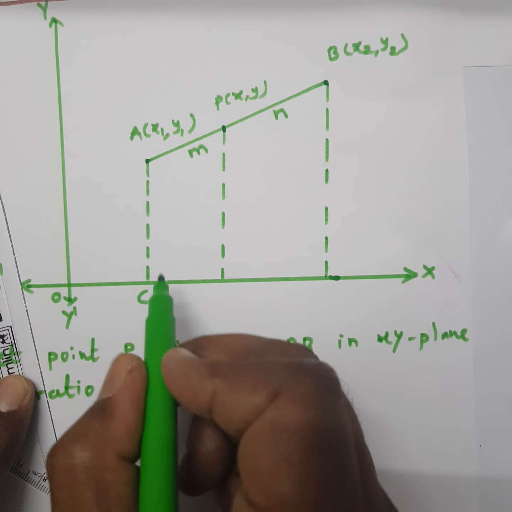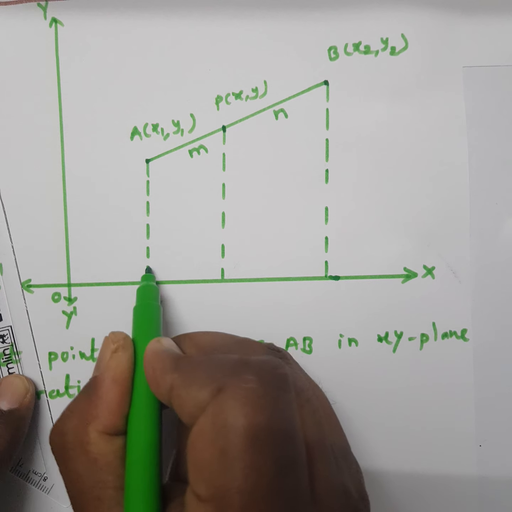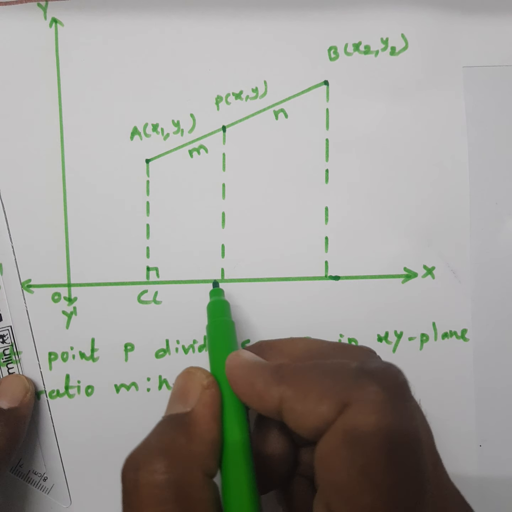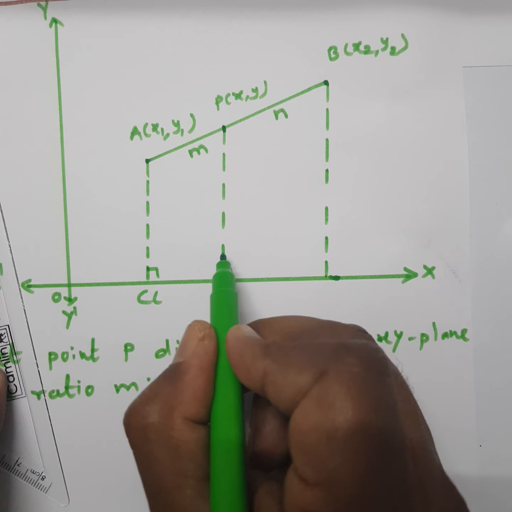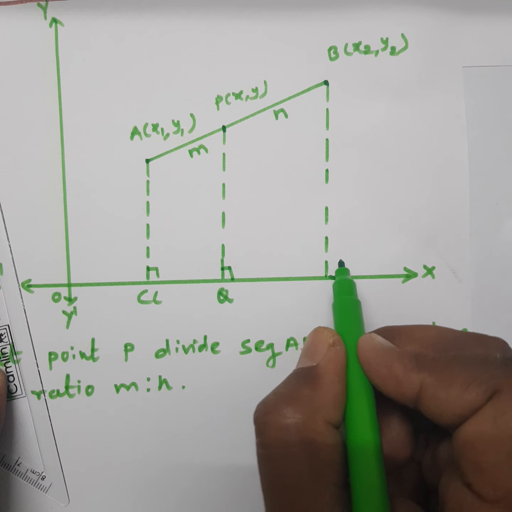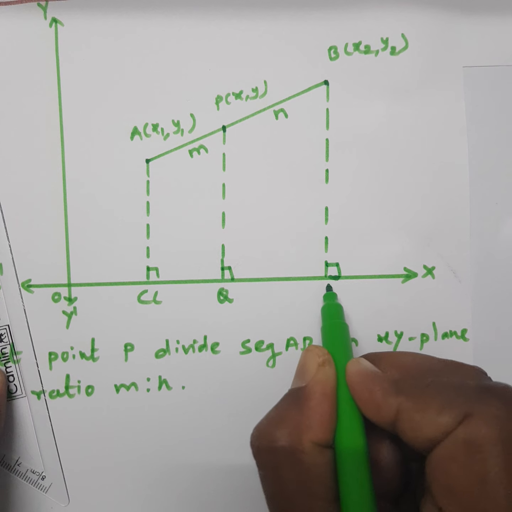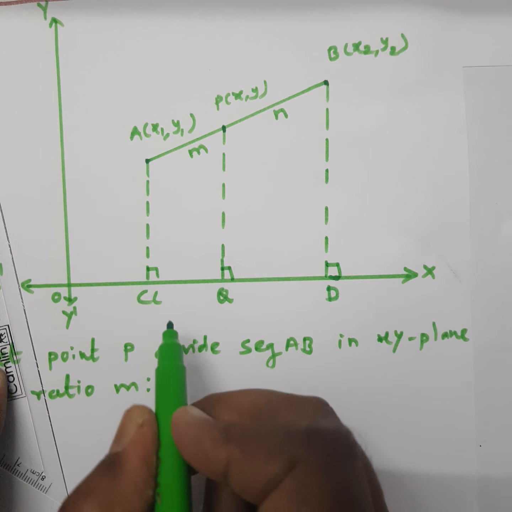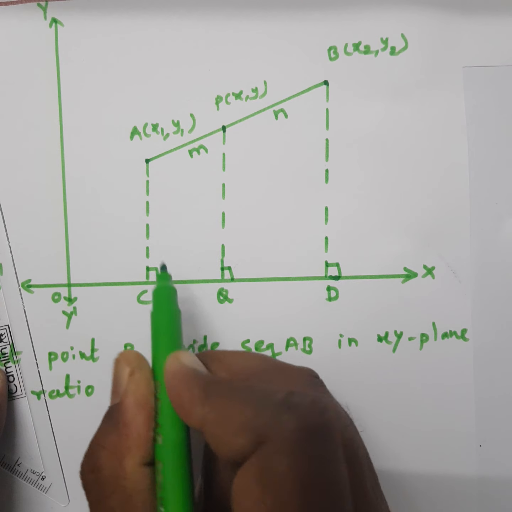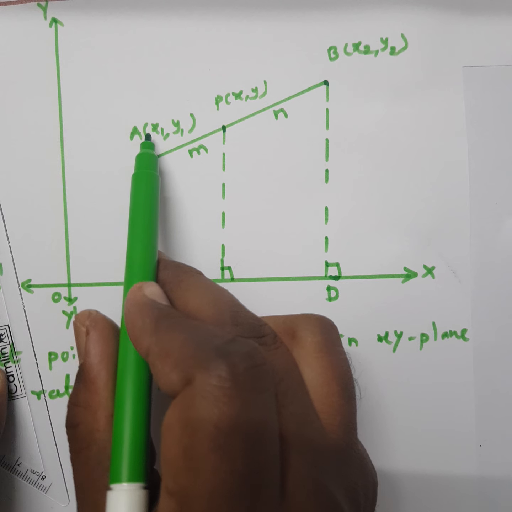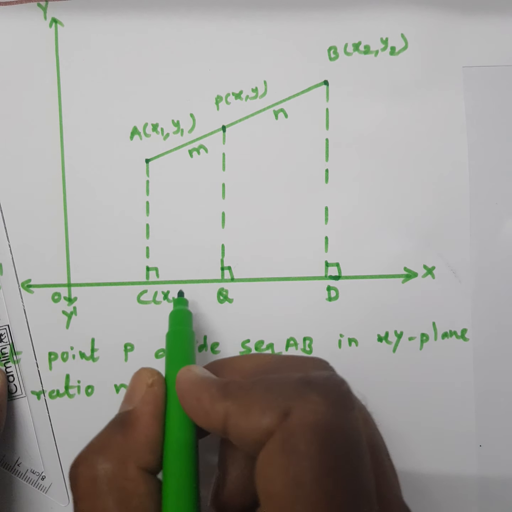Suppose AC is the perpendicular from A, PQ the perpendicular from point P, and BD the perpendicular from point B. The x coordinate of point C will be x1 because the x coordinate of point A is also x1.